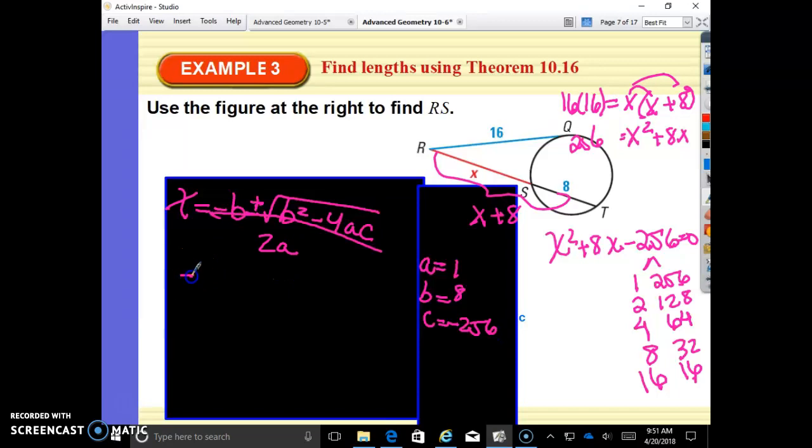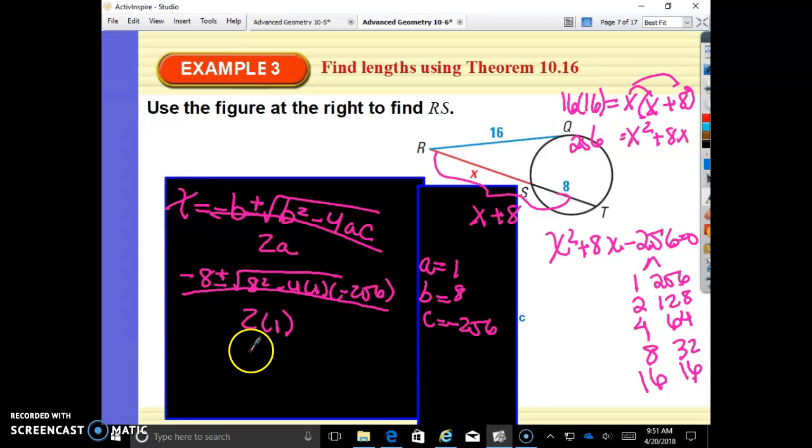So, negative b plus or minus the square root of b squared minus 4ac all over 2a. 8 squared is 64. 64 plus 256 times 4, 1024, plus 64, 1088. Negative 8 plus or minus the square root of 1088 all over 2.